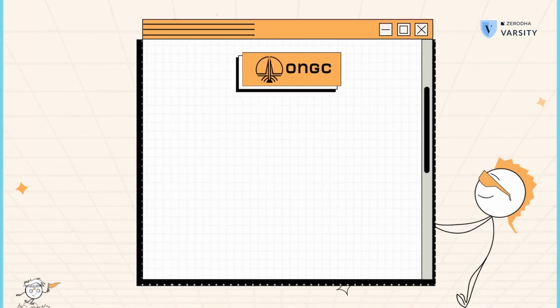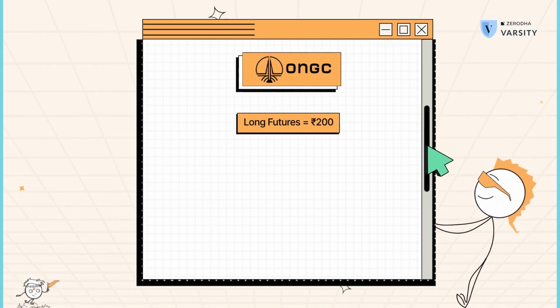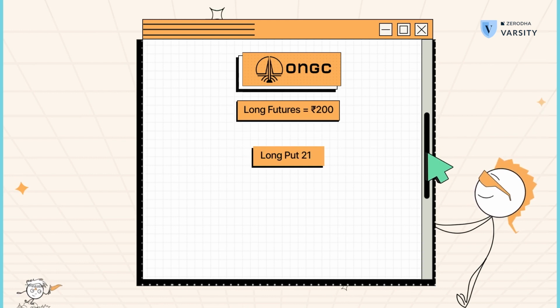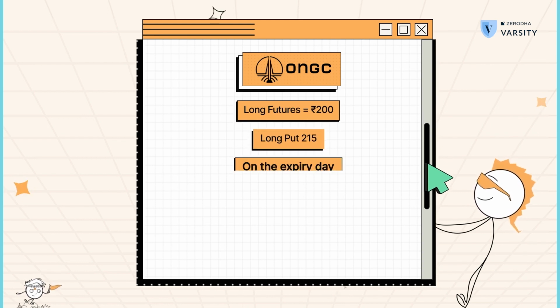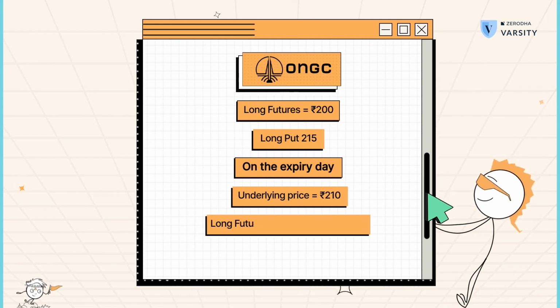Let me explain that with an example. Assume that I have a long futures position on ONGC at 200. Assume I also have a long put position at 215. On the expiry day, ONGC expires at 210. What do you think is likely to happen in terms of settlement? On one hand, I have a long futures position which entitles me to take delivery of ONGC.